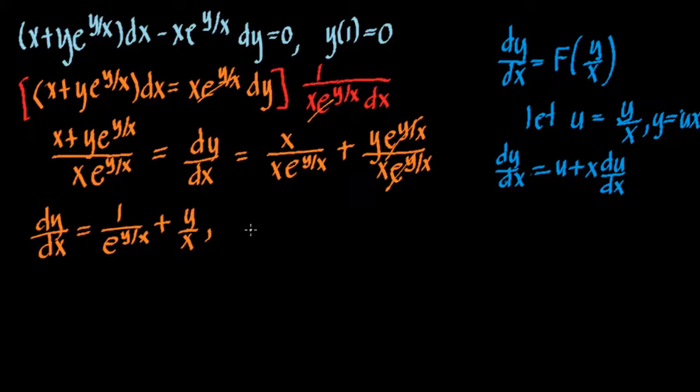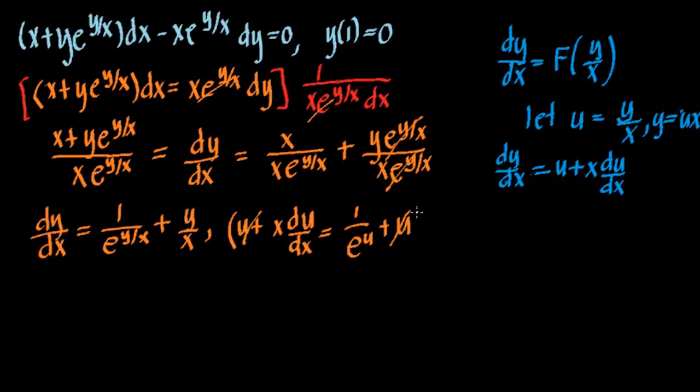So we have u plus x du over dx is equal to 1 over e to the y over x, which is just equal to, since our y over x is equal to u, so we'll change this to u, plus y over x is just u, so u here. So u is in both sides of the equation, so we can cancel that out.